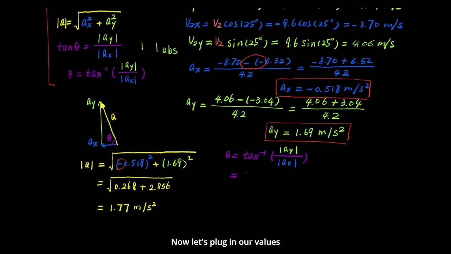Now let's plug in our values. AY is 1.69 meters per second squared, over AX. We are using the magnitudes, so we drop the negative sign. The magnitude of AX is 0.518 meters per second squared. So this gives us theta equals 73 degrees. And because we use the absolute values, theta is just a clean 73 degrees. No weird negatives, no calculator confusion.